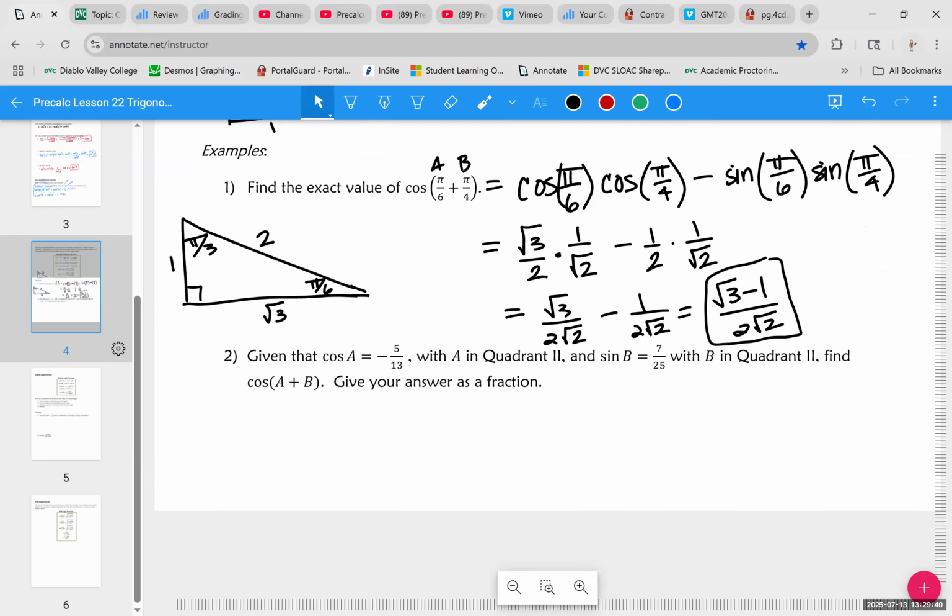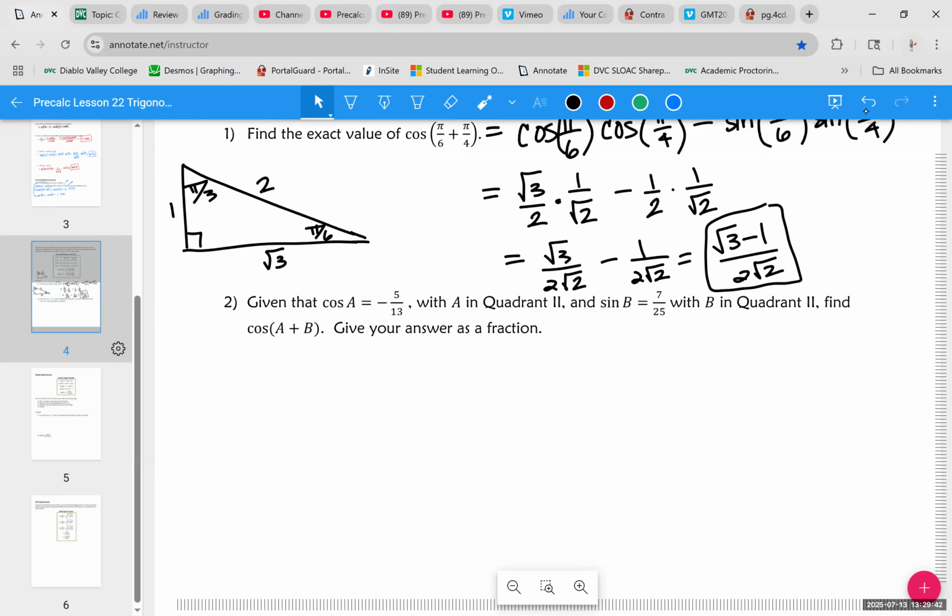Or we could have a similar type of problem like this, but we just have to do a little bit more work. Given that cosine A equals a certain number and A is in quadrant 2, sine of B is a certain number and B is in quadrant 2. Find cosine of A plus B. Oh, look at that.